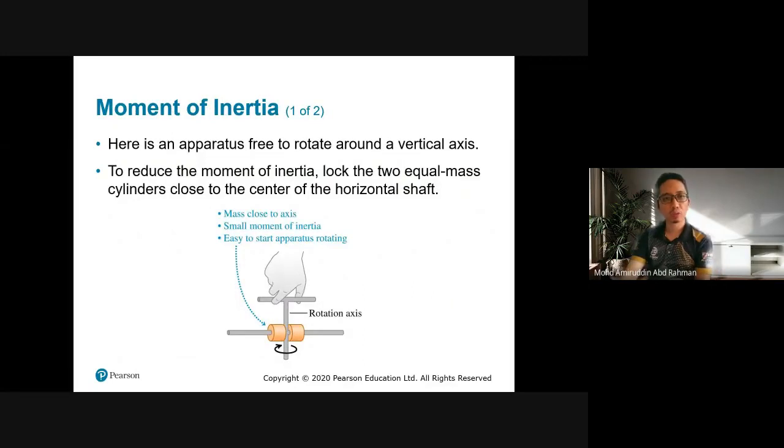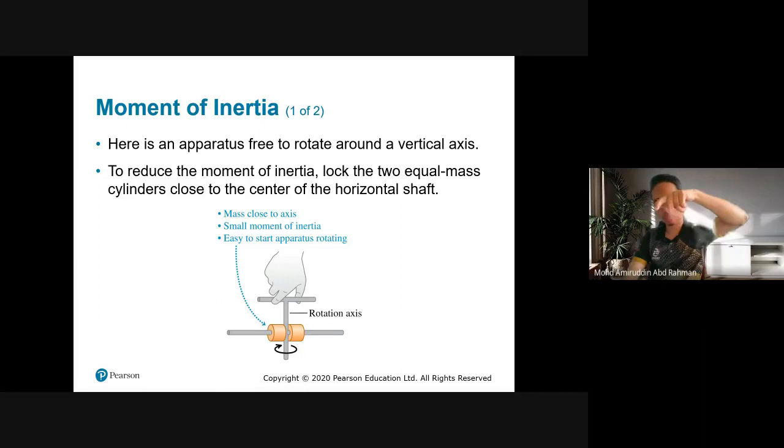Okay, we want to look closer at the moment of inertia. For example, we have an apparatus free to rotate around a vertical axis. Let's say it is like your tap, your tap water at your house.